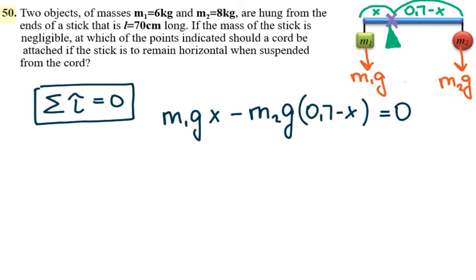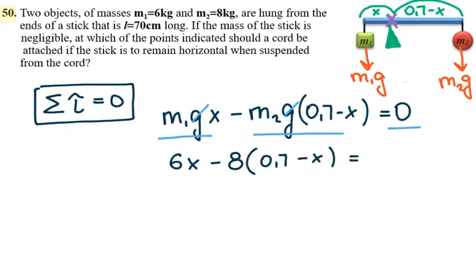Every one of these terms, I can divide by g. And so what's left, if I plug in the numbers, is 6x minus 8 times (0.7 minus x), equals 0.